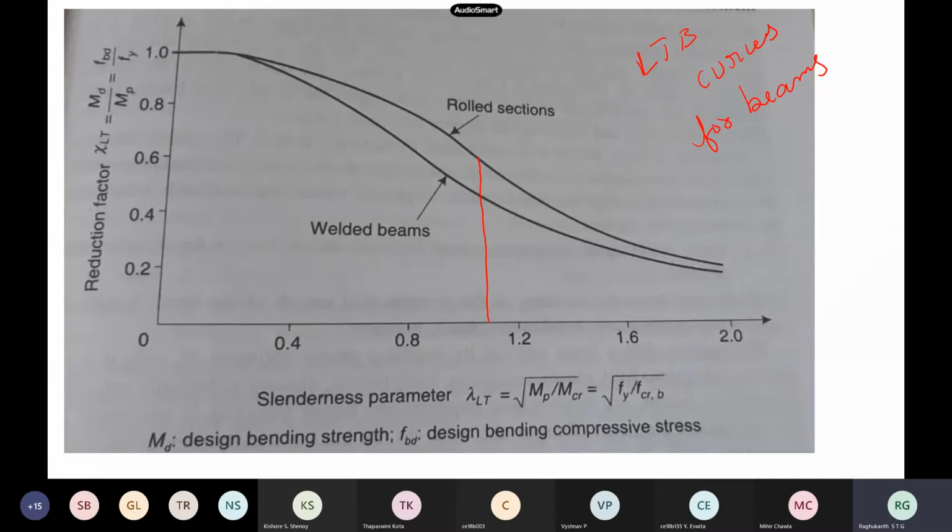See the reduction factor, which is more for a given slenderness ratio, rolled or welded? For the same slenderness ratio, for rolled section the reduction factor is somewhere around 0.62 or 0.63. For welded beam it is some 0.5 or so. So which beam will carry more strength, rolled or welded?